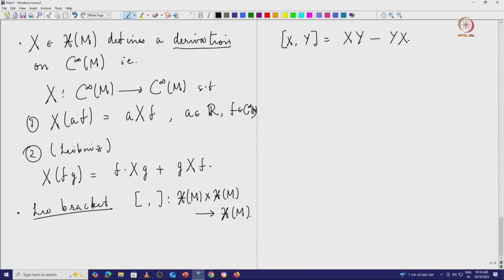So when you think of vector fields, you should think of derivations or first order derivatives of your function, right? A vector field defines a way of taking a first order directional derivative.